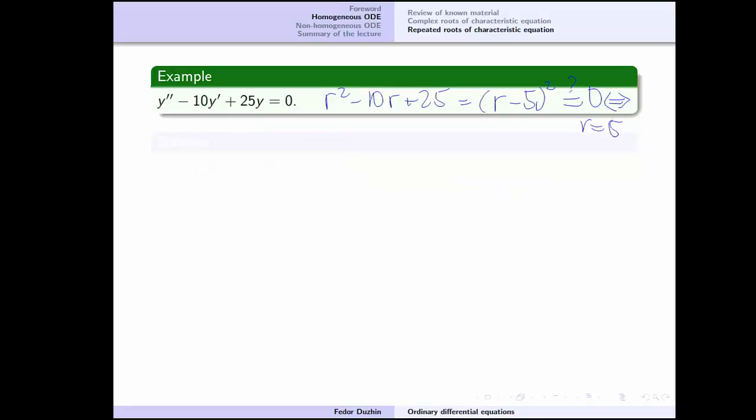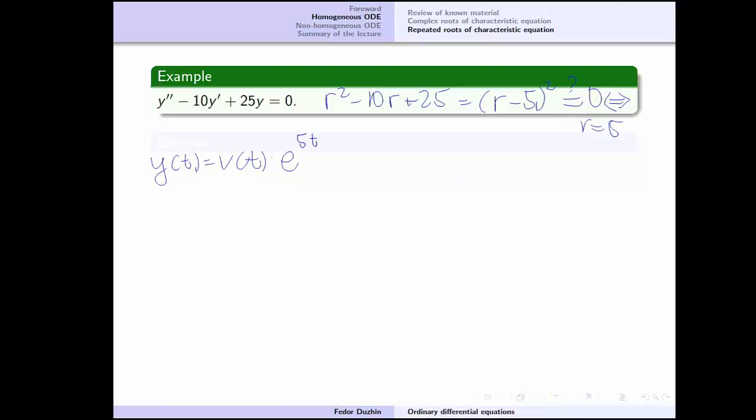So it means that the function e to the 5t is a solution of the corresponding differential equation. But we are going to try to find another solution in the form y of t equals v of t times e to the 5t.